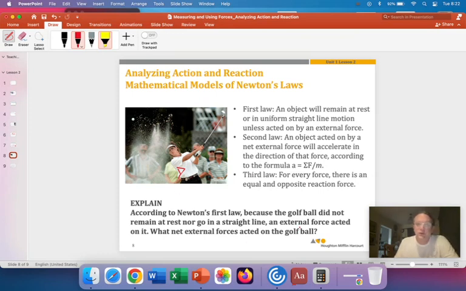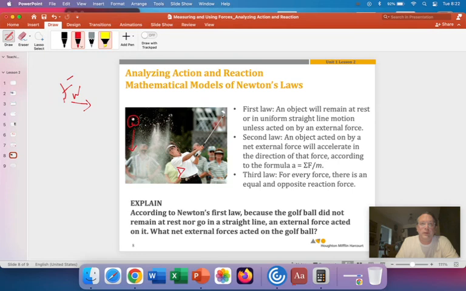Okay. So, what external forces are acting on the golf ball? Very simple question. What are the external forces? Well, maybe there's gravity. Maybe there's wind direction, going this way or that way, 20, 30 miles per hour, 5 miles per hour.